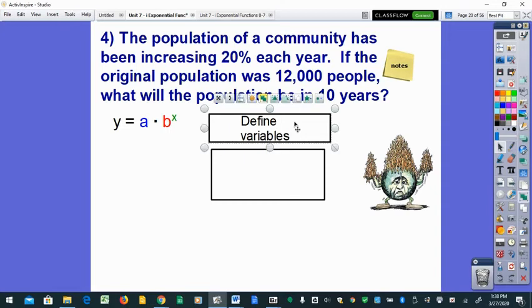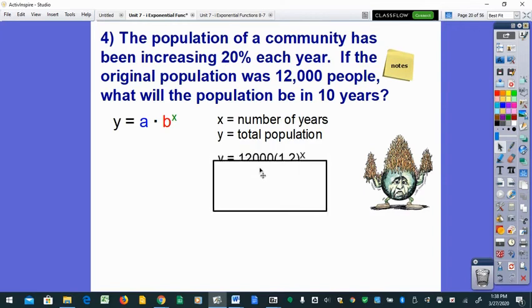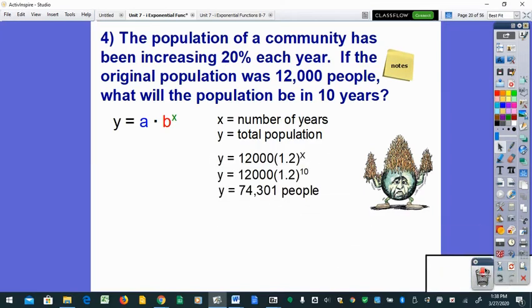We're going to define our variable as x being the number of years, y being the total population, and we're going to put things in appropriately. So A would be 12,000, B is going to be 1.2 once we take that percent off and move the decimal 2 places, add it to the 1, and then our x is going to be raised to the 10th, and you would see when we put it in the calculator, it's 74,301 people.